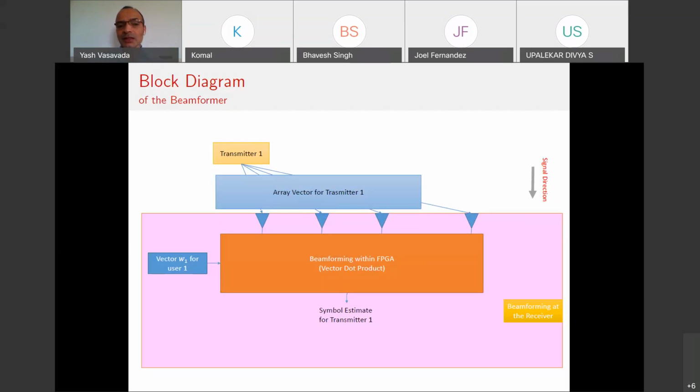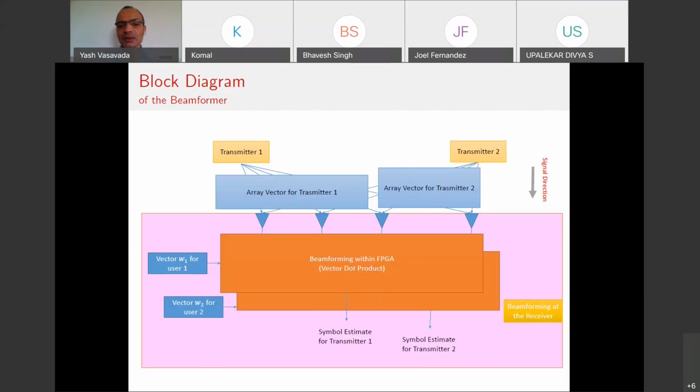In this set of lecture slides, what we are focusing on is that the received signal may not have only contribution from one transmitter, but it may have contribution from two transmitters. Well, then one simple thing to do is to do single user matched filtering for transmitter 1, which is this dot product, and then put another algorithm within the same FPGA, which will do the dot product for user 2.